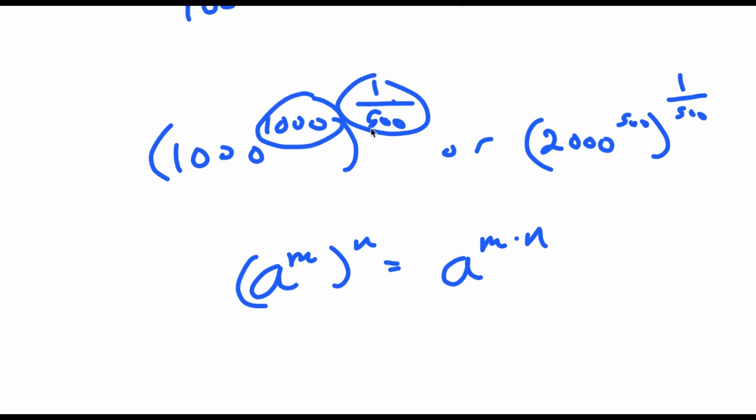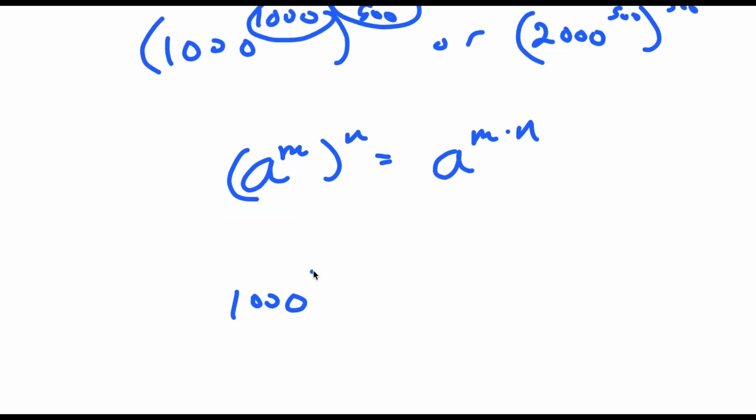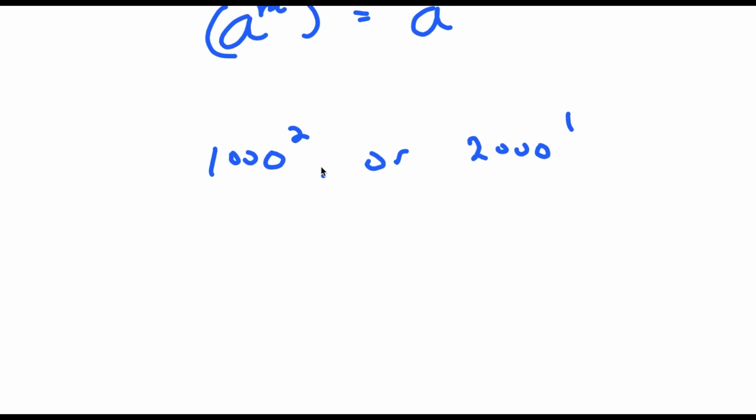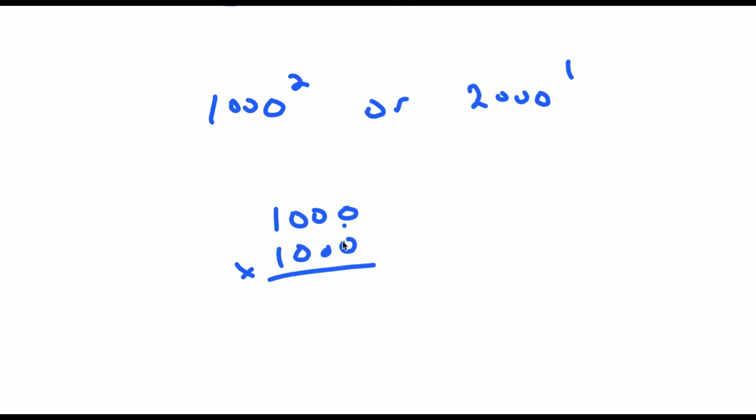So these two multiply, and as you can see, I get the same thing. I get 1,000 to the power of 2, or 2,000 to the power of 500 times 1 over 500, which is 1. And obviously here, 1,000 squared, let me write this out.